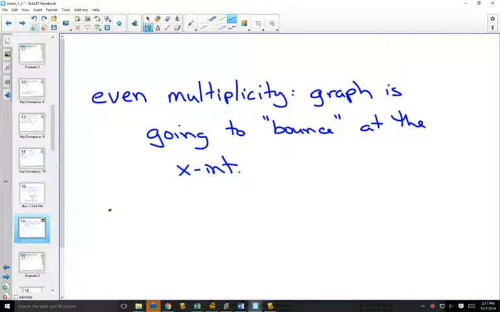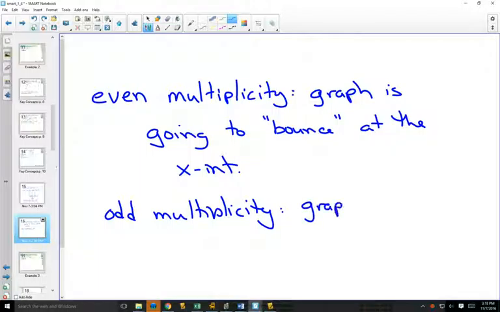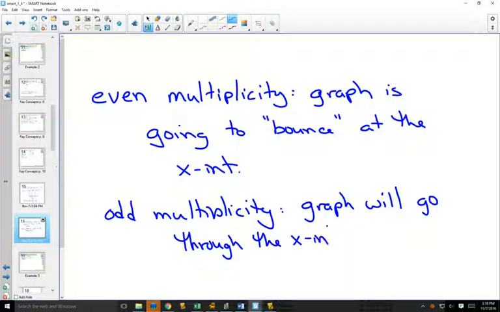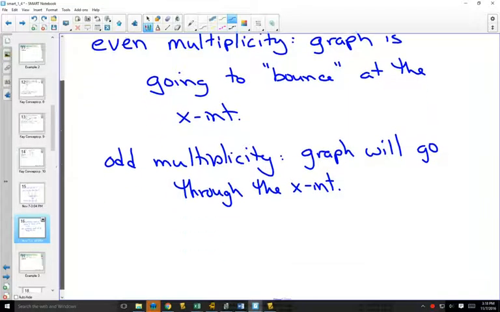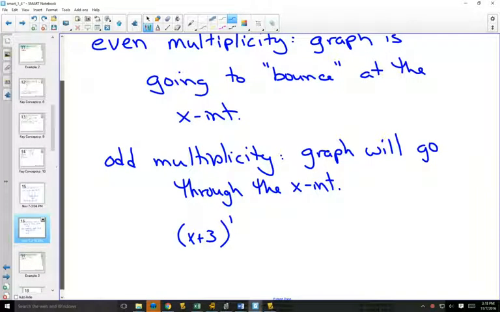And if we have an odd multiplicity, the graph will go through the x-intercept. But something happens if the odd multiplicity is like a factor like x + 3 to the 1, just happening once. That's the ones that we've had mainly so far.